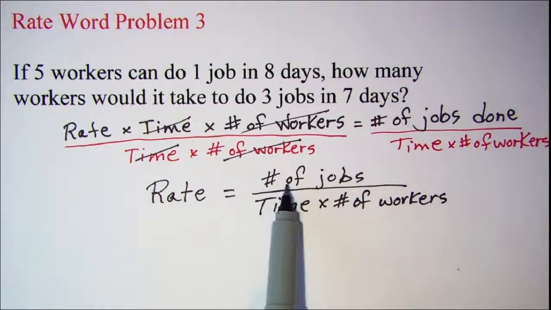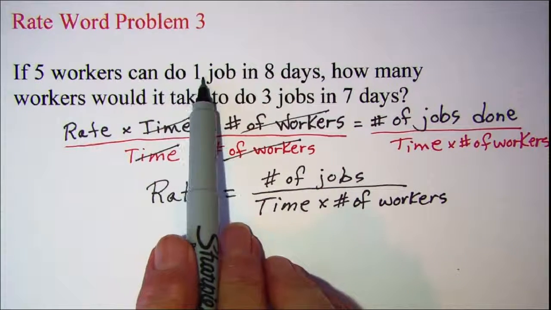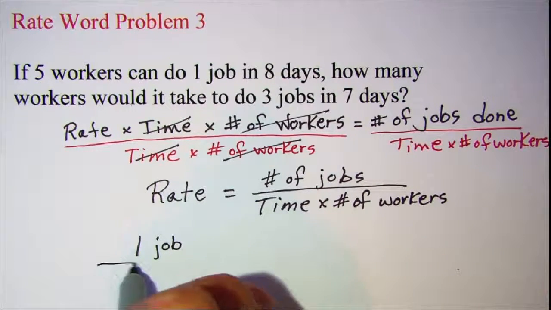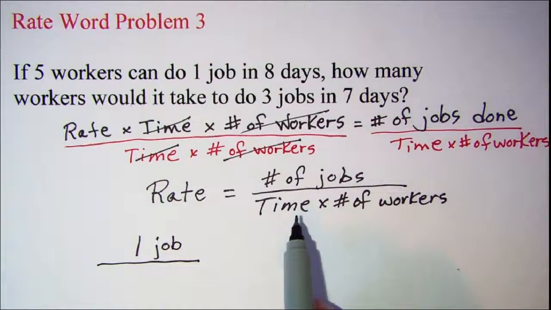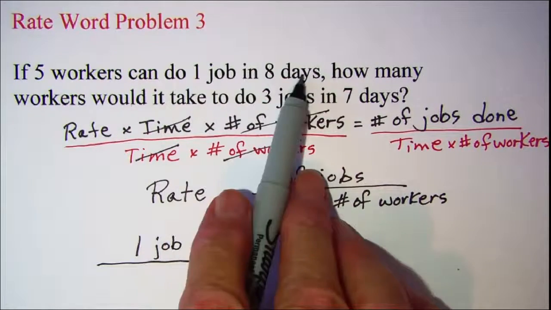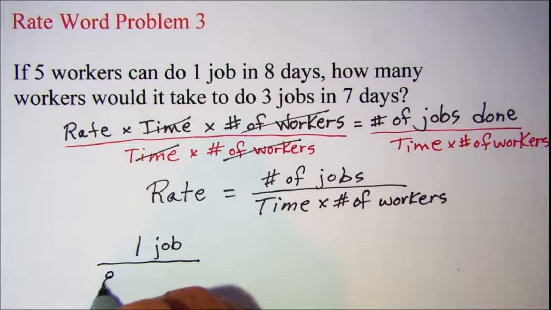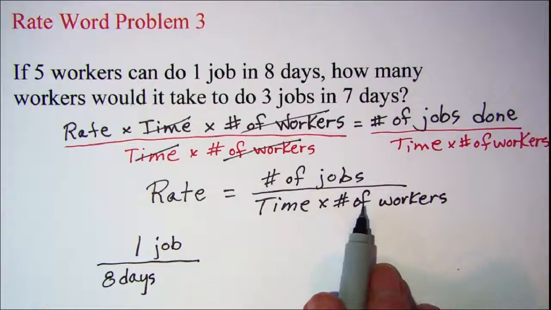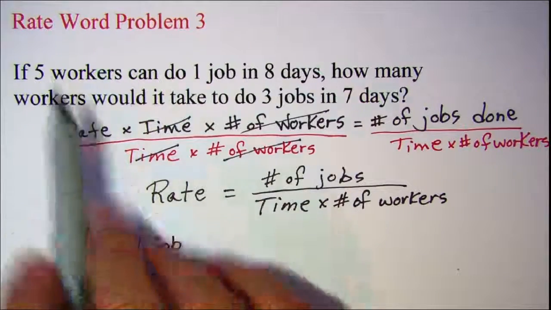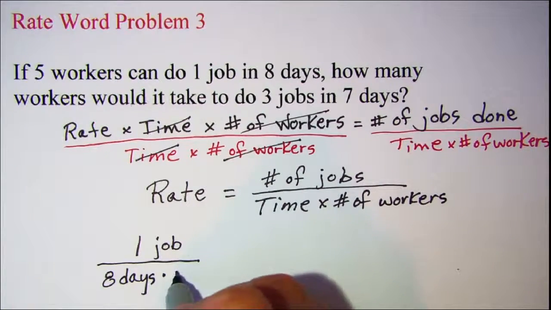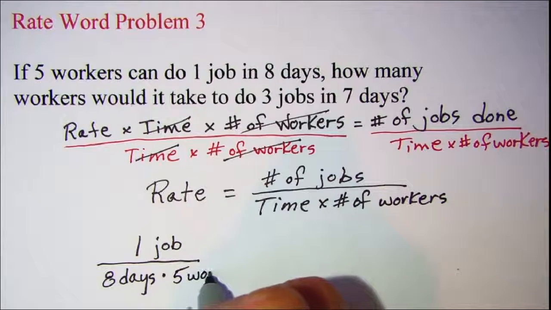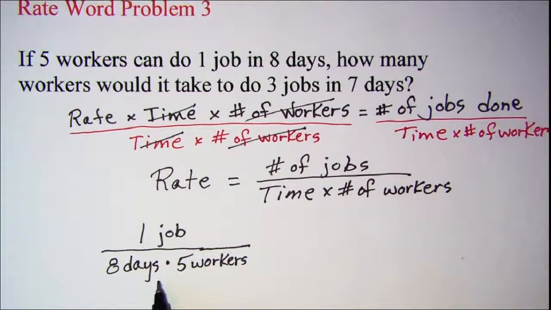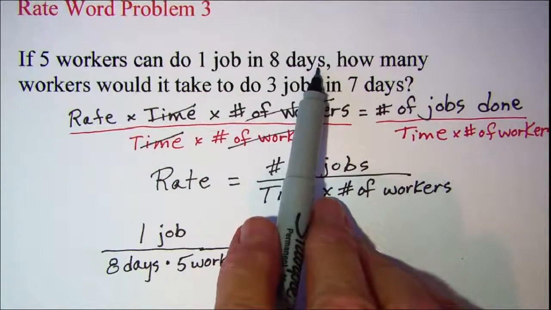We need the number of jobs, which is one job, divided by the time it takes them, so 8 days, multiplied by the number of workers, so 5 workers. All right, so this is the rate that they gave us in the first part of the sentence.